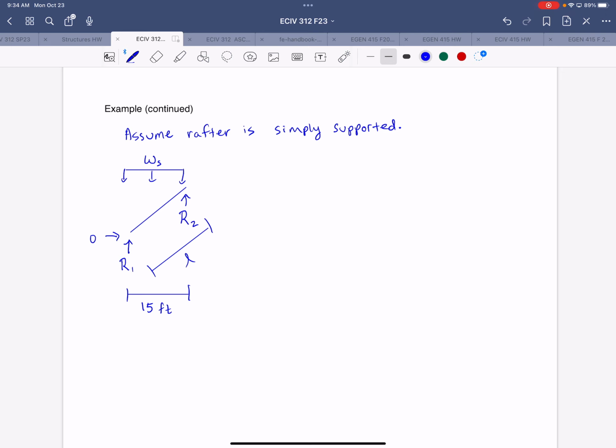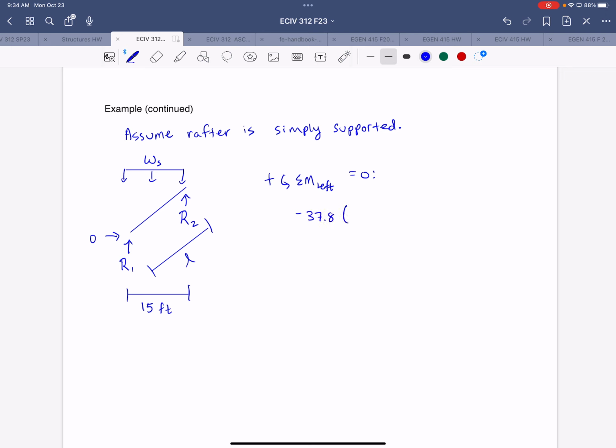So first, let's go ahead and calculate what those reactions are, the vertical reactions. We can sum moments about the left end. All right, or recognizing that we have symmetry, it's symmetrically loaded and symmetrically supported, you can calculate the total force, the resultant force due to this, and divide it by 2. Either way is fine in this case.